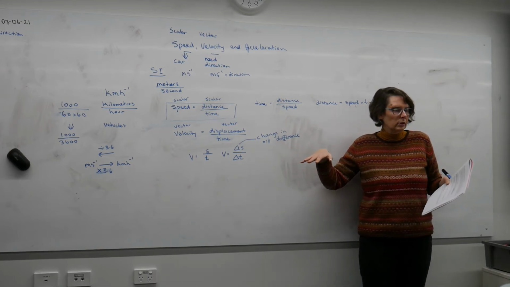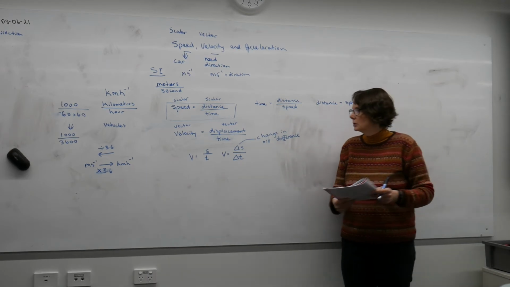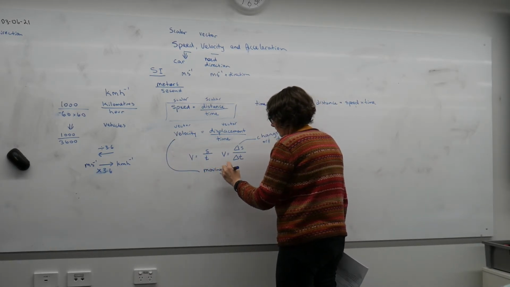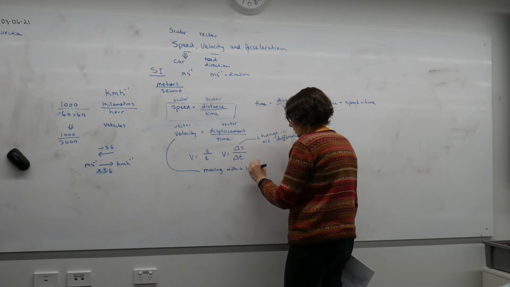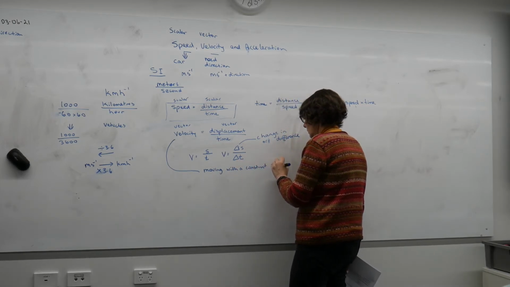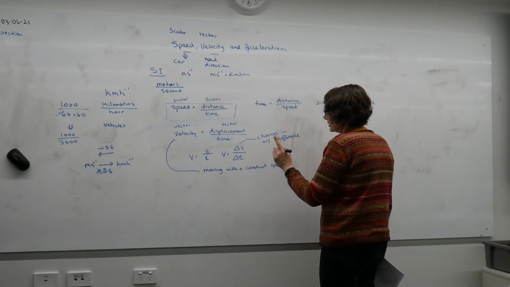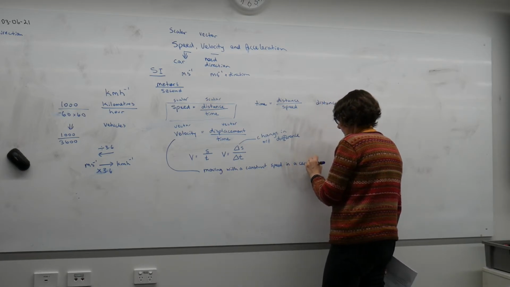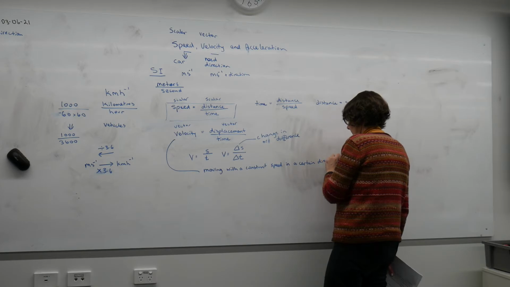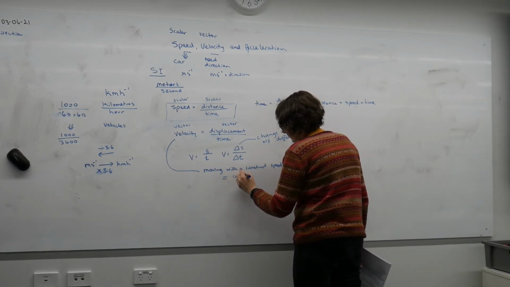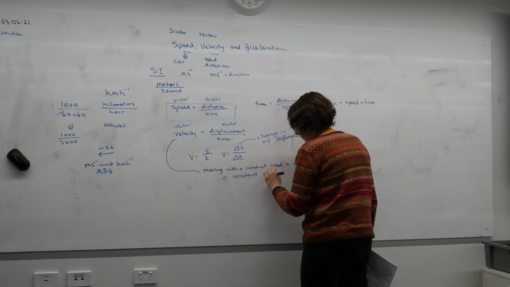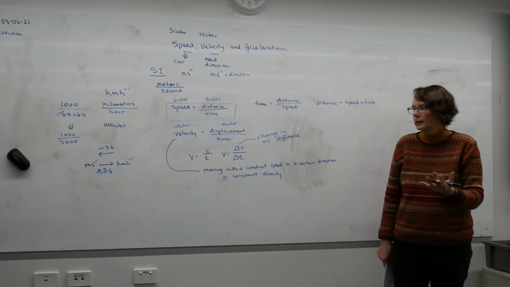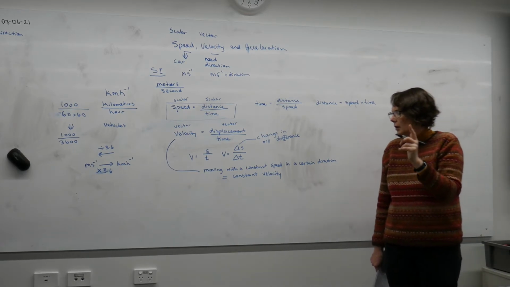So velocity is moving with a constant speed in a certain direction. Okay, that's what velocity is. If it's constant velocity. But you can have changing velocity, if you're accelerating.